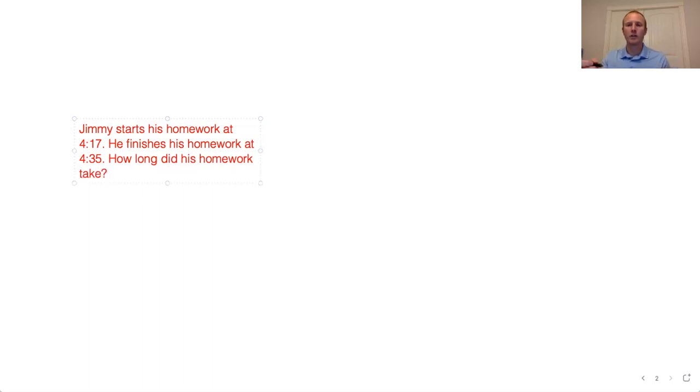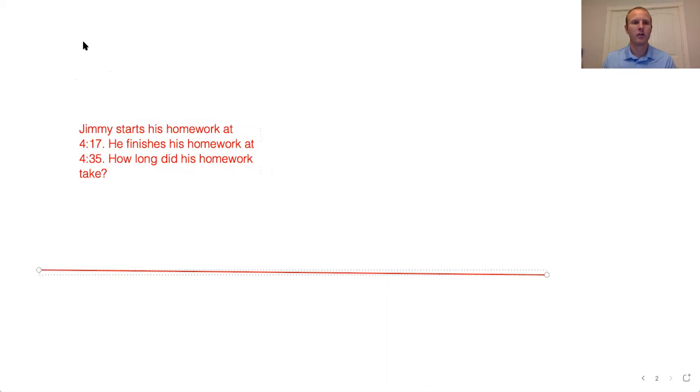Okay, so this time I was giving a starting time and I was giving an ending time, but I wasn't giving the amount of time that passed. That's what I have to figure out. So I'm basically figuring out elapsed time. Elapsed time is how much time has gone by. We're going to go ahead and draw another number line, and we're going to find our starting point and our ending point, and then use some strategies to figure out how much time has passed between those.